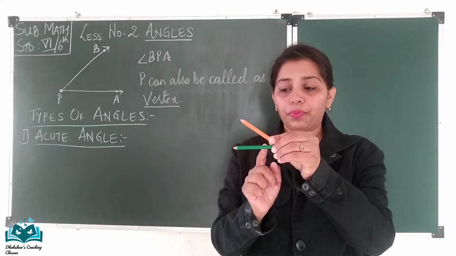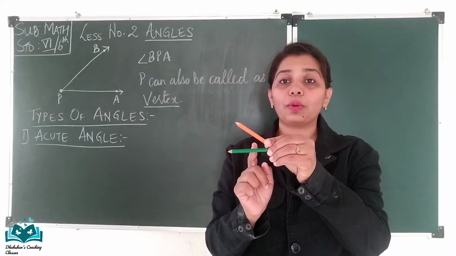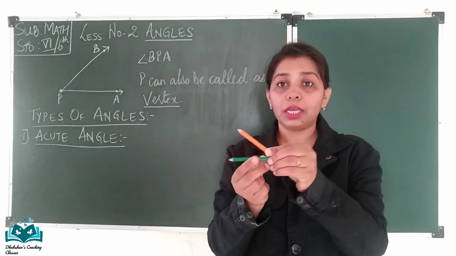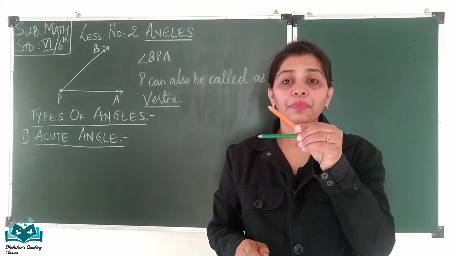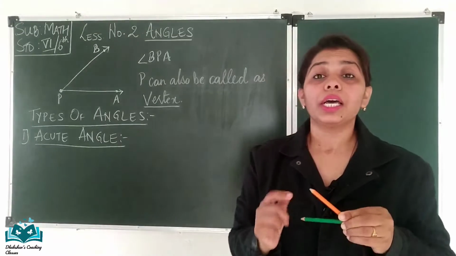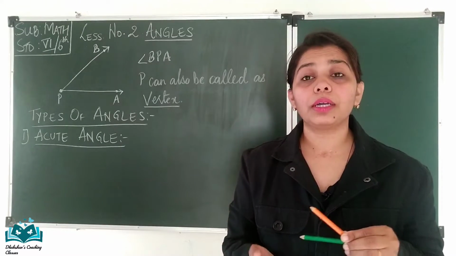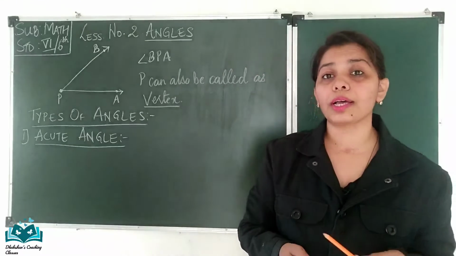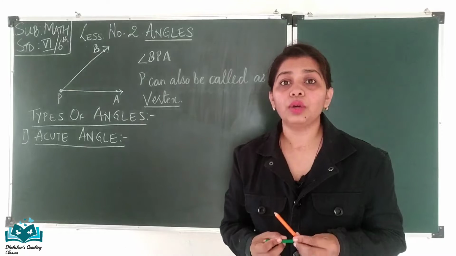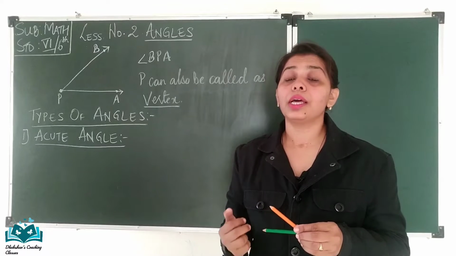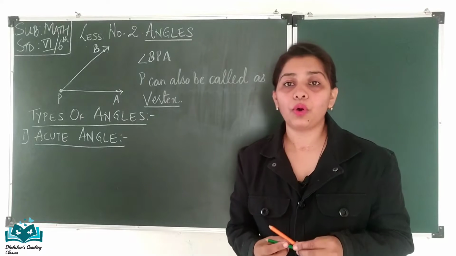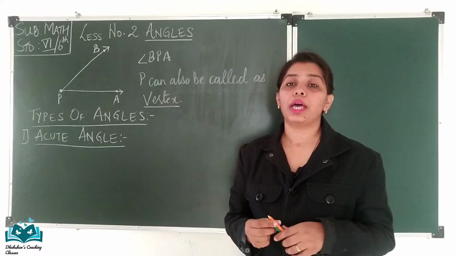This line is your base and the line that I am moving ahead. You can see an angle being formed. This angle whose measure is greater than 0 but less than 90 is called your acute angle. So, any angle whose measure is greater than 0 but less than 90 can be called your acute angle.